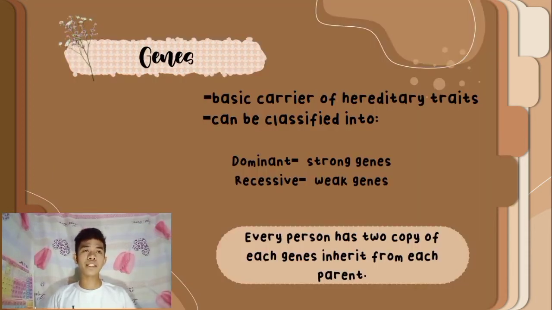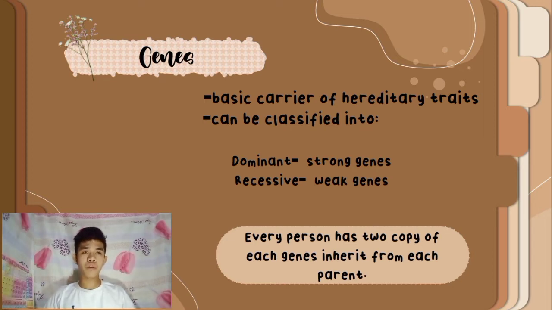Next are genes. Genes are the basic carriers of hereditary traits. They can be classified into dominant and recessive. As I said earlier, dominant genes are the strong genes while recessive genes are the weak genes. That is the reason why, if you have black hair, it means your black hair color is dominant, while the hair color that did not appear is the recessive one.